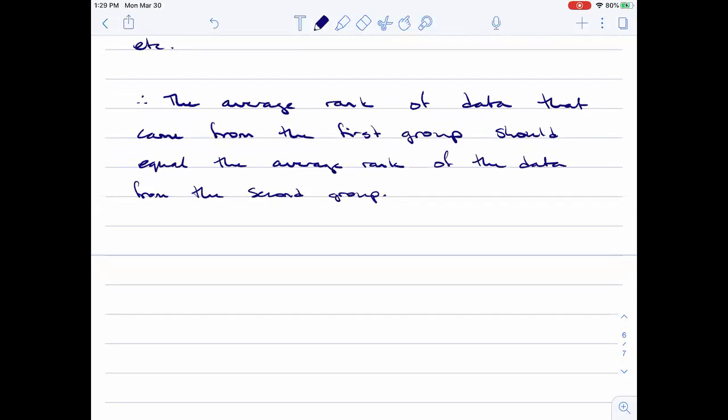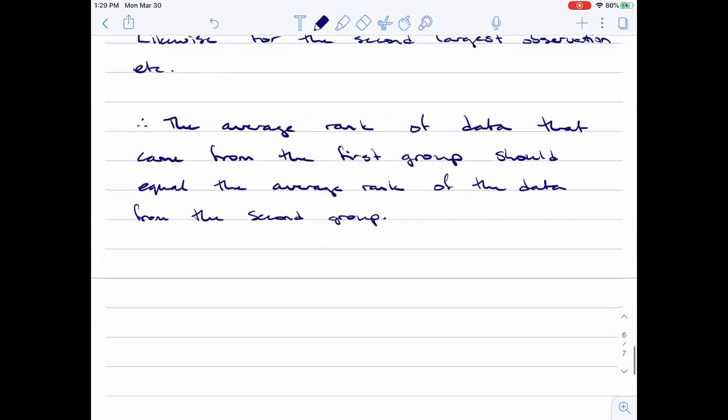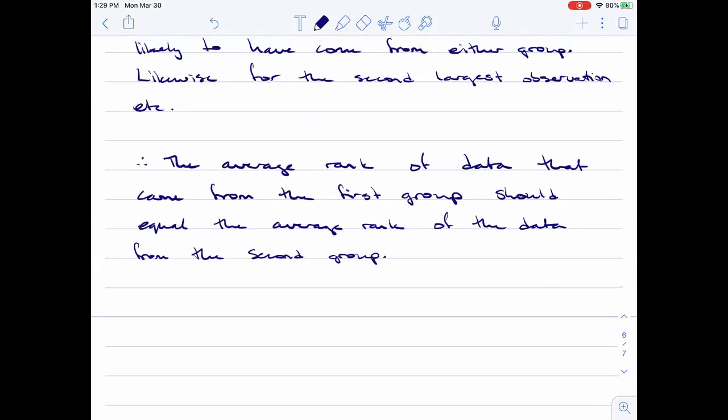One thing to keep in mind is that if you have a tie in the ranks, and it's a tie between two groups, then you would have to make sure that your p-value is adjusted for that.